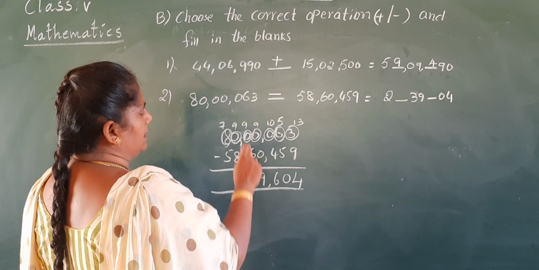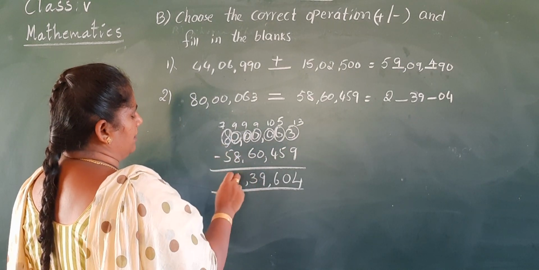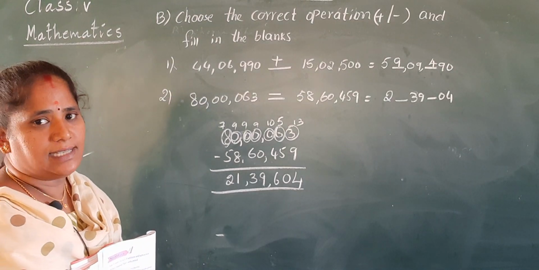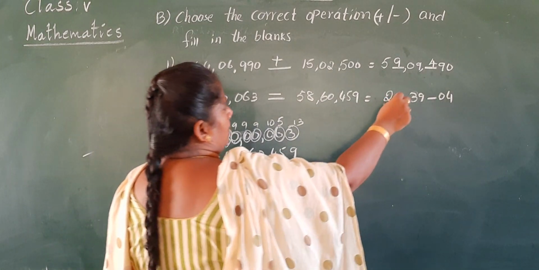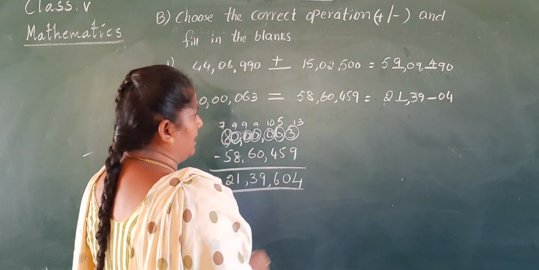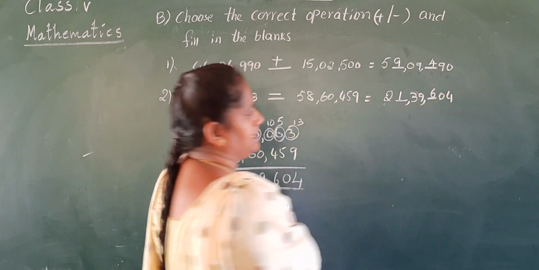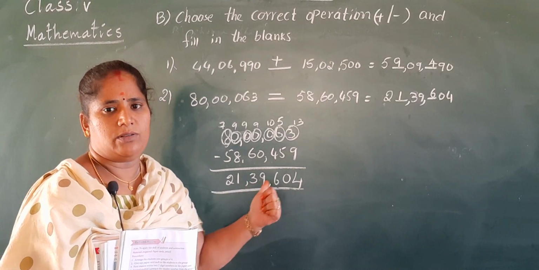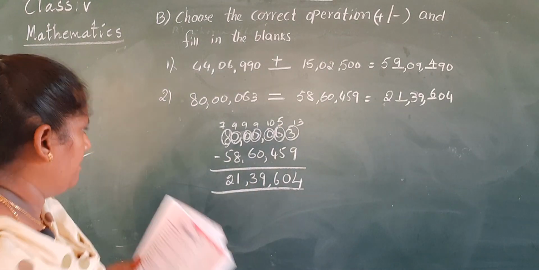This is 9. 6 to 9, 3. 8 to 9, 1. 5 to 7, 2. So 21 lakh 39,604. Here 2 is in the 10 lakhs place. Now 1 is missing. 21 lakh 39,604. Hundreds place 6. Okay? So 21 lakh 39,604.